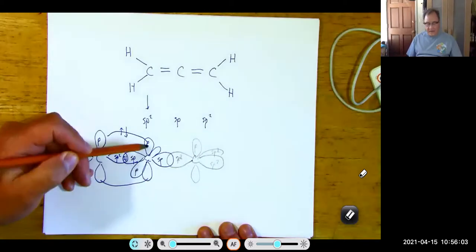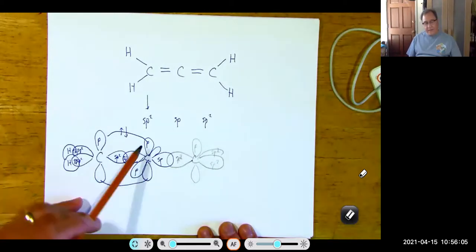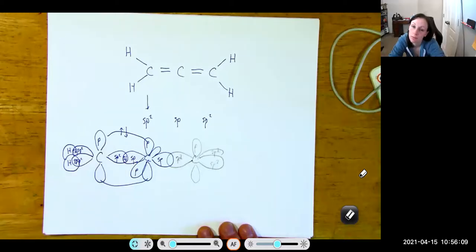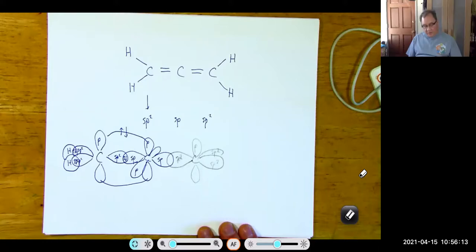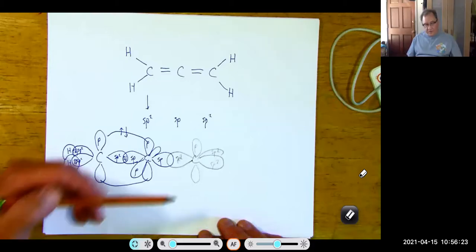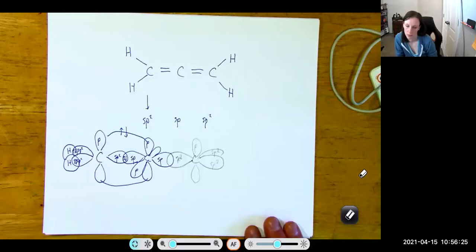No, can't do that. This guy's already bonding. He can't bond again. No one's bonding with this p orbital. But they're perpendicular. Okay. So maybe we draw it this way.